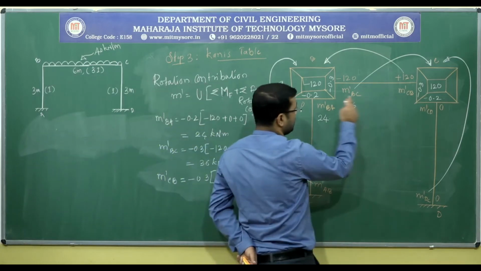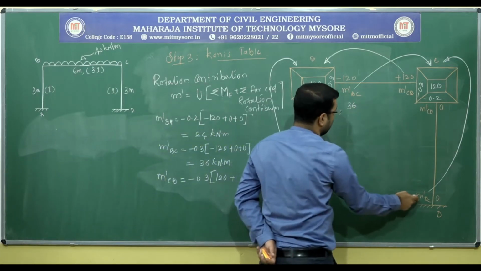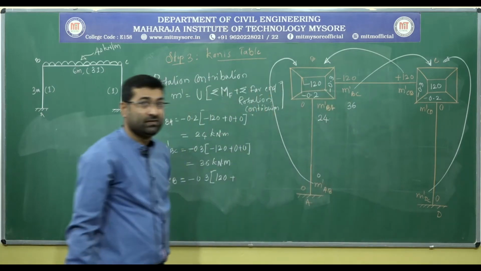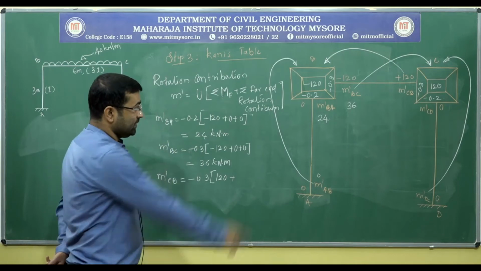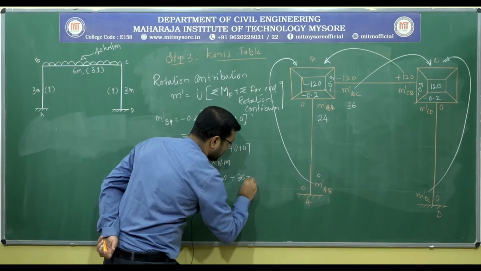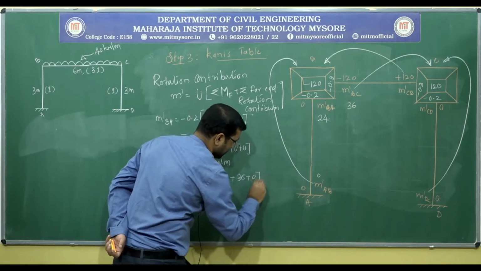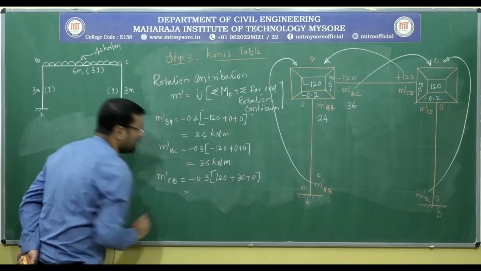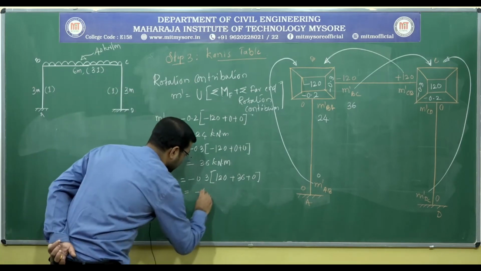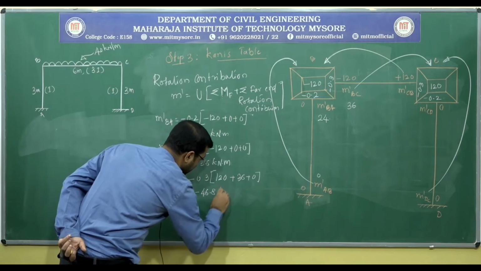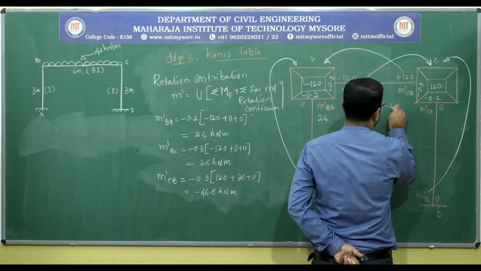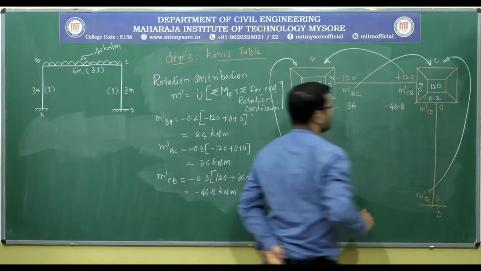For C joint, m dash BC and m dash DC are the far end rotation contributions. M dash BC is plus 36, m dash DC is 0. So this gives us a value of minus 46.8 kilonewton meter, which I am going to write here, minus 46.8.